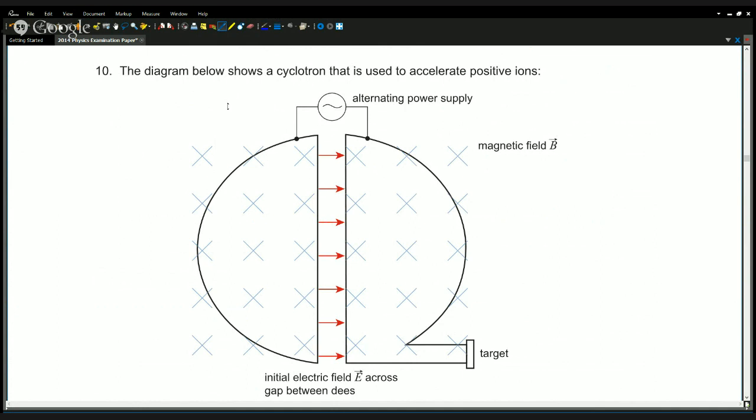Question 10. The diagram below shows a cyclotron that is used to accelerate positively charged ions.